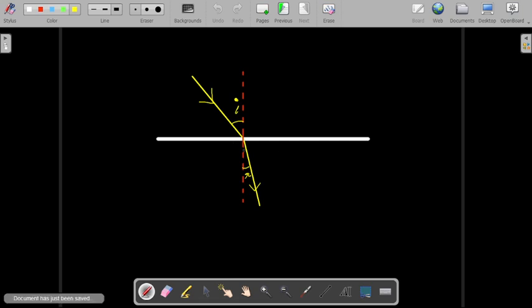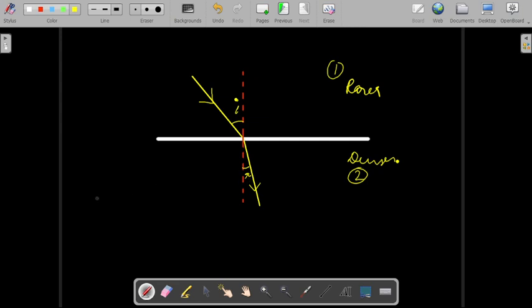See, if I'm considering this scenario, this one as medium 1 and this one as medium 2, and considering medium 1 as rarer and this one as denser. Now, this yellow ray of light passes from the rarer medium to the denser medium, making an angle I, which is the angle of incidence, and angle R, the angle of refraction.